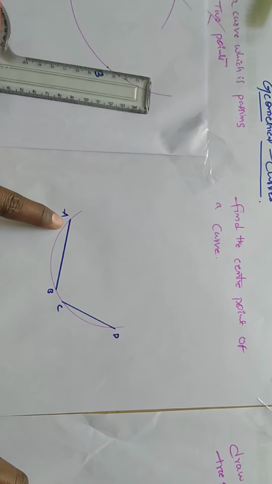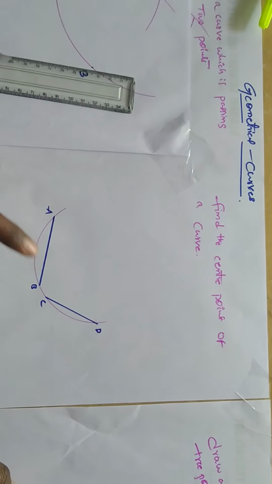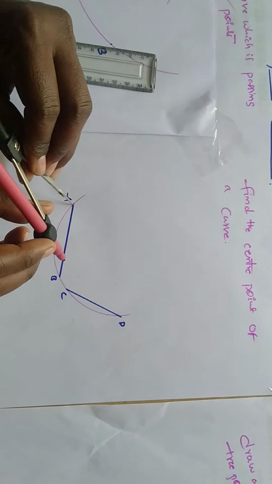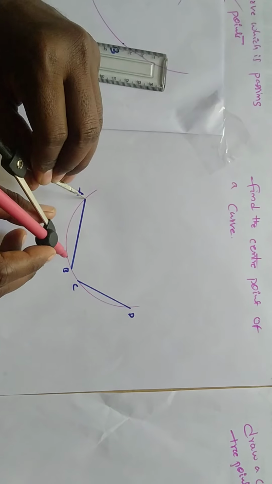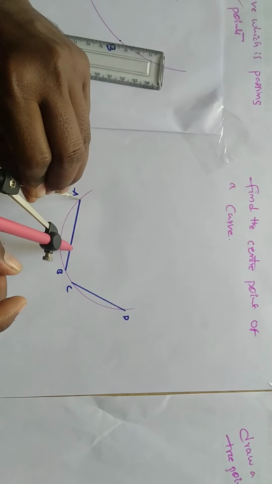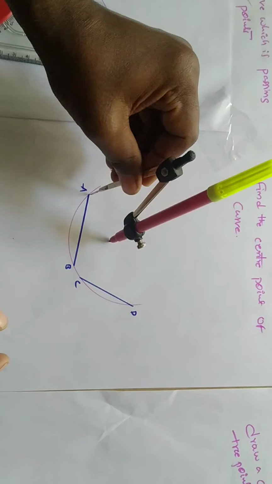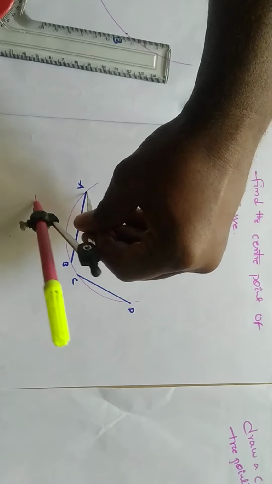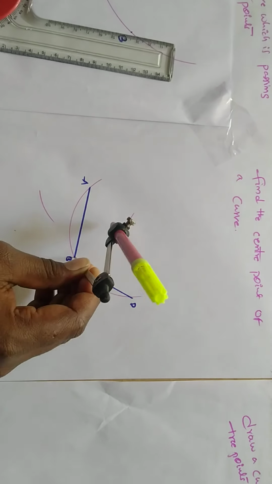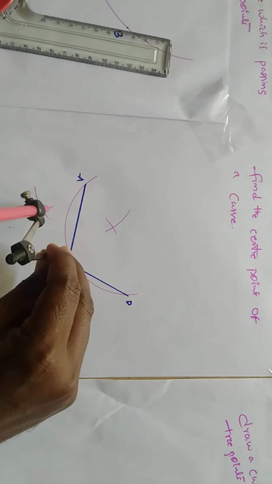Next, you have to bisect this AB line. The process for bisecting: with the help of your compass, take more than half of the line as the radius, make an arc above and an arc below. Next, with the same radius from point B, make an arc above and an arc below.